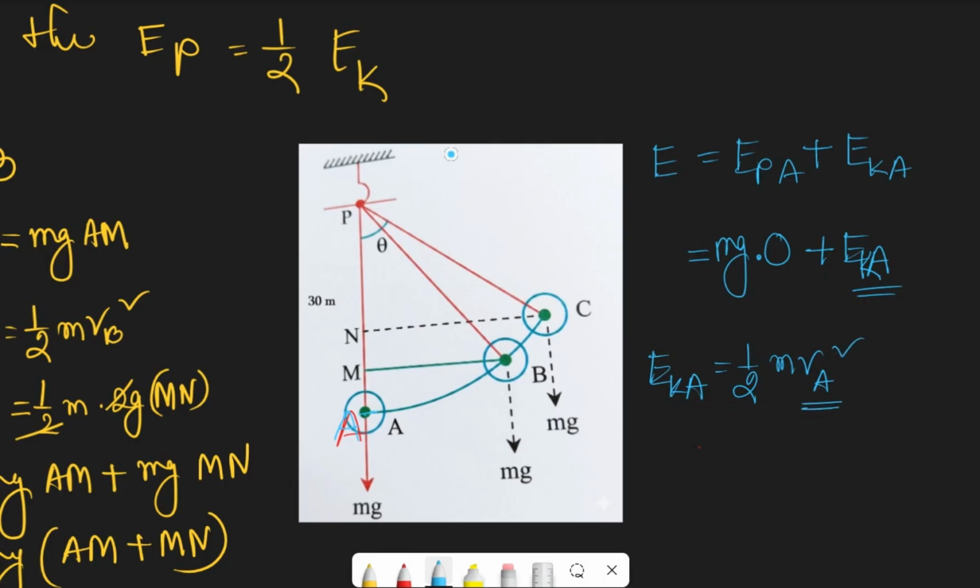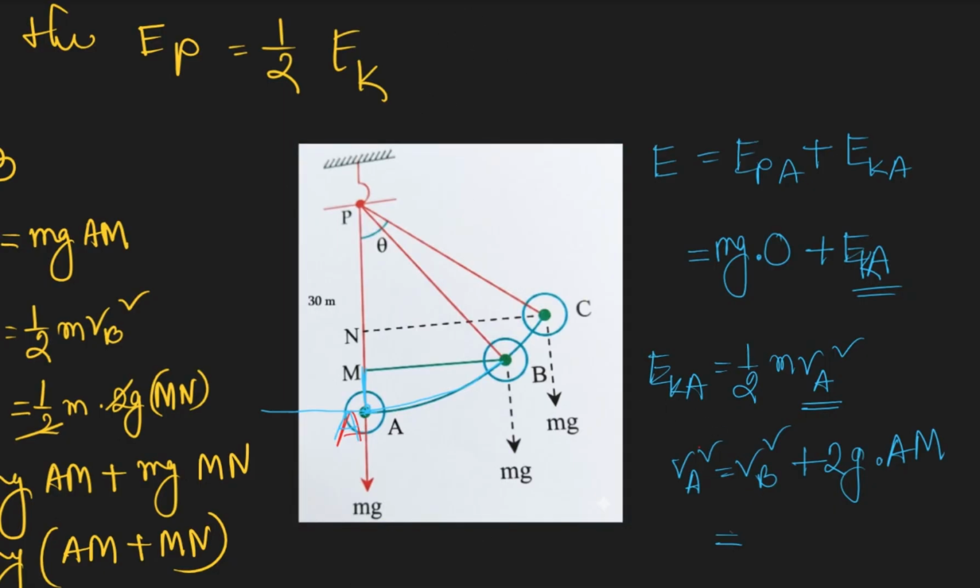So vA square, when it is traveling from B to A towards this direction, right? So at this point, vA square equals vB square plus 2g, and how much height? It will be AM, and we have already calculated the value of vB square.